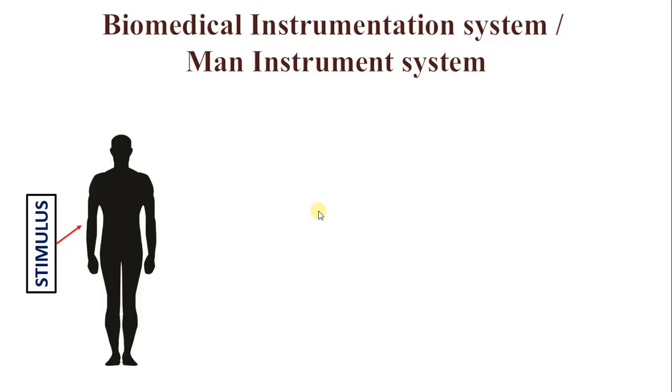Now let's see the different blocks in the biomedical instrumentation system. The subject, you can see subject is nothing but your human body on which the measurement is to be done, and in some of the cases external stimulus is required.